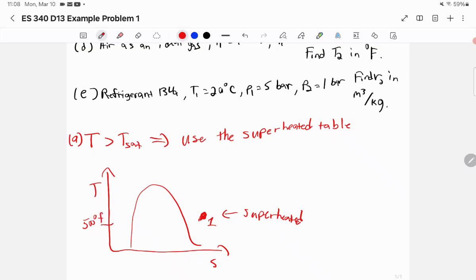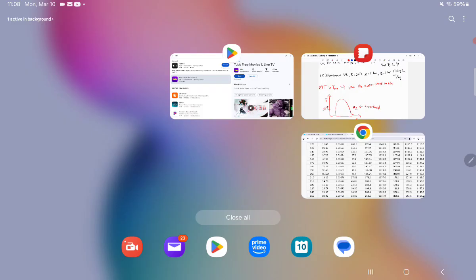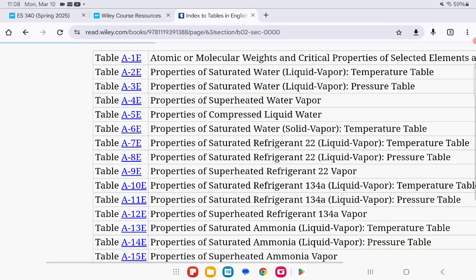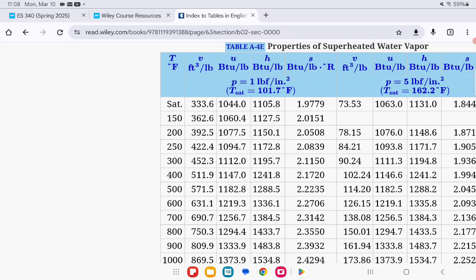Obviously it's just a sketch, so we don't have to get it exactly. Because it is superheated, the saturated tables are no longer useful, so we'll go to the superheated tables, which is A4E in this case.